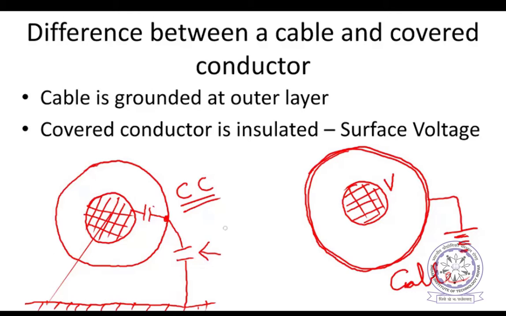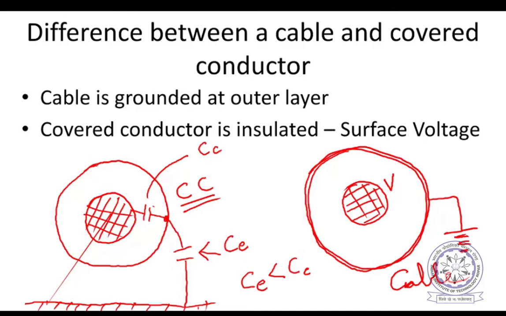So this capacitance, C earth, you can say. And this capacitance, C covered conductor. CE is much less than CC, because CE is to earth potential, which is having a large height, so that's why CE is less than CC. Then what will happen?